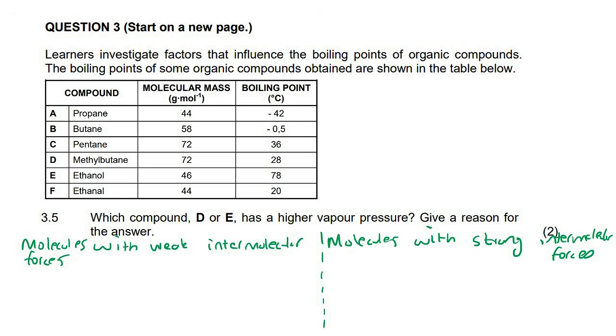Okay, so here are the molecules here, and then here are the molecules here. Now, if these molecules have weak intermolecular forces, then there is not a lot of strength holding these molecules together. So these molecules can actually move wherever they want. They can move further away from each other, because there's not a lot of force holding them together.